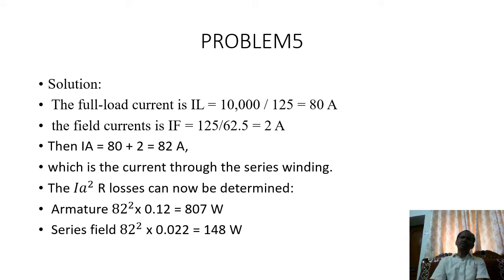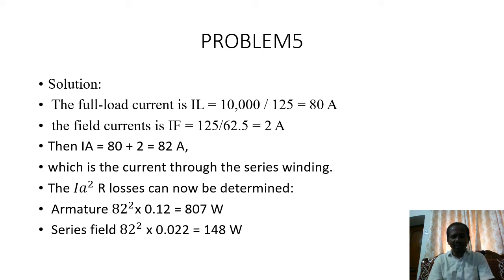You know the rotational losses. The mechanical and windage losses are given. But some losses also occur in the series field and armature winding. The losses are I square R. The Ia square Ra losses can now be determined for the armature.